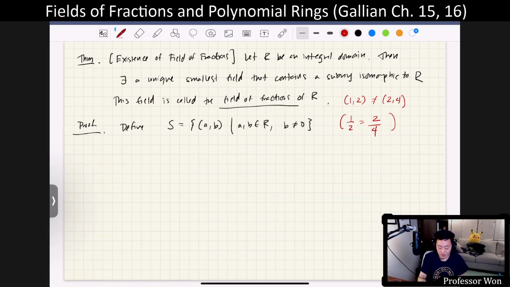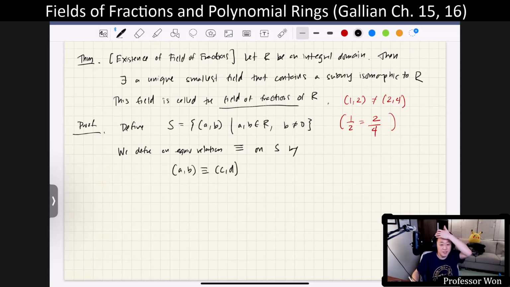Okay, so what's the equivalence relation going to be? We define an equivalence relation, which I'll denote like this, on S by saying that two ordered pairs are equivalent if what? Well, what does it mean to say that two fractions are equal, right? When does a over b equal c over d?